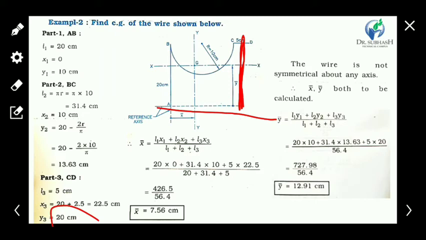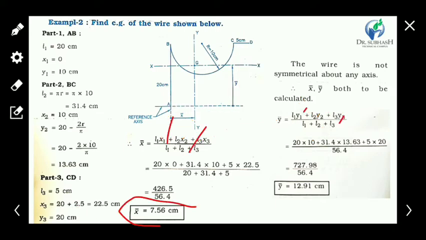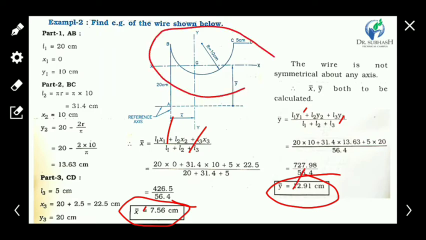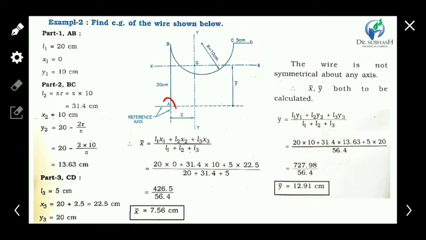Now we have all the values for these two equations: L1, L2, L3, x1, x2, x3 and y1, y2, y3. So put all the values into these two equations and find the values of x bar and y bar. This x bar and y bar decide the coordinates of the CG of this composite element from the reference point.